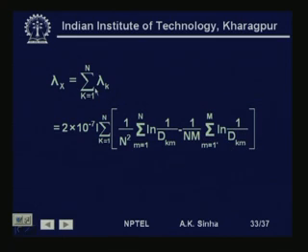This is putting the expression lambda k here, and the summation is from k is equal to 1 to n, because we are talking of conductor X.